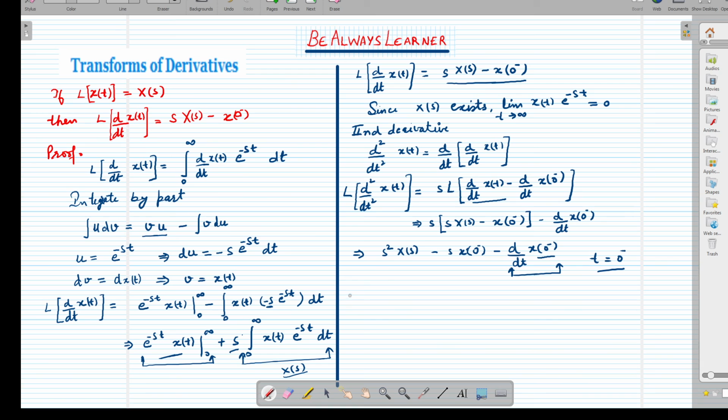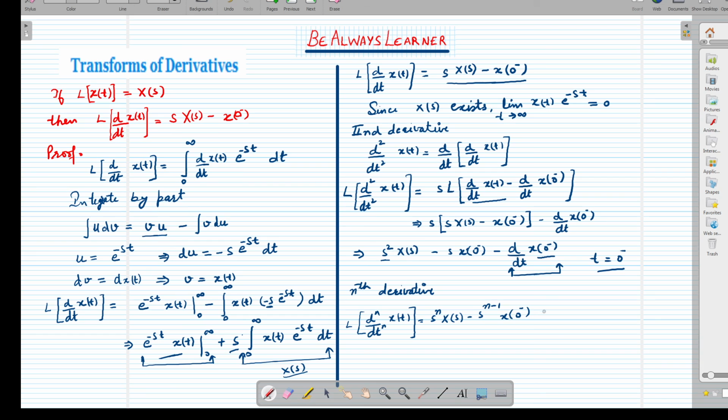Now, another case can come for the nth derivative when you are solving numericals. You should understand this also. The Laplace transform of the nth derivative of x is equal to s raised to the power n X(s) minus s raised to the power n minus 1 x(0 negative).